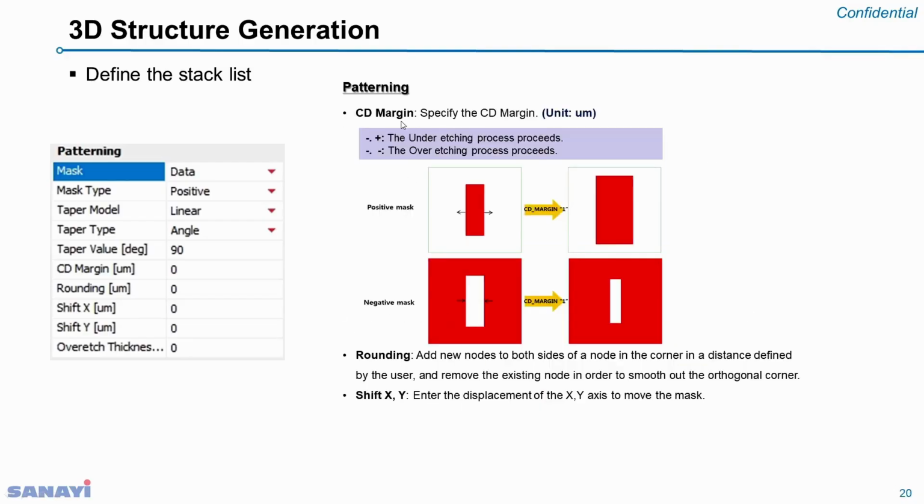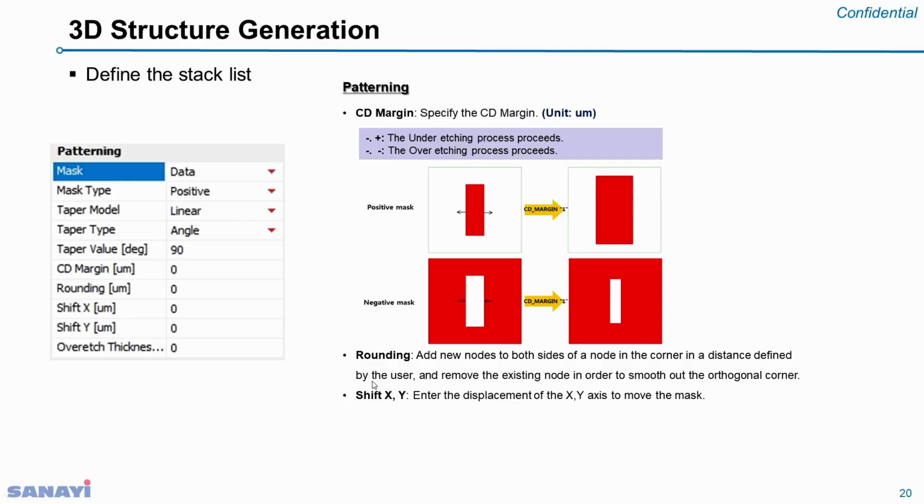Also, CD margin can be set. The plus value means under etching and minus means over etching. There is a rounding option. This rounding option is the same as I mentioned before in the layout, so I will skip it.